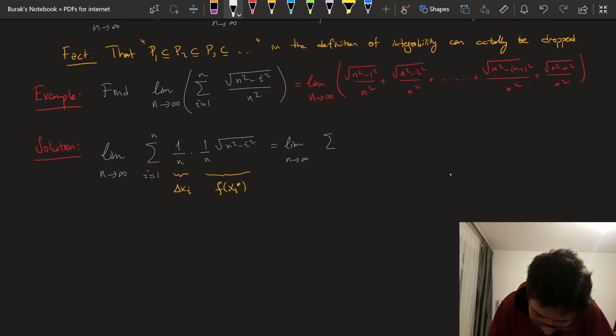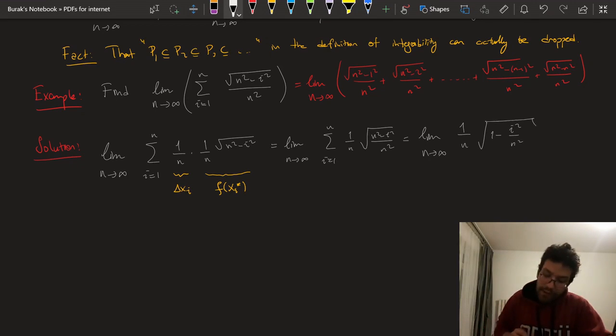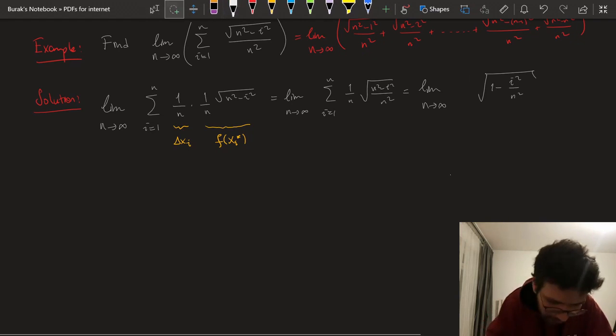So let me put this n inside the square root as n squared, so that I get a square root of 1 minus i squared over n squared. Now this is exactly, oh, I forgot my sigma.